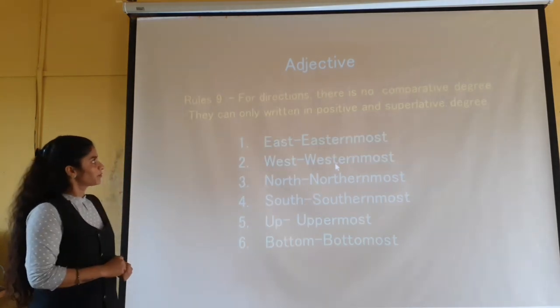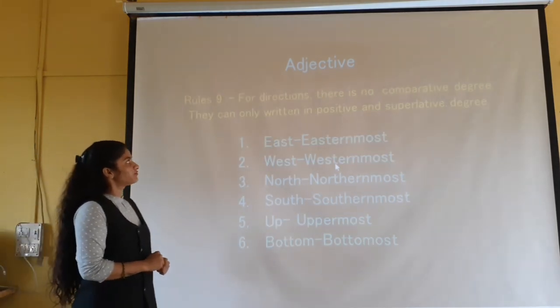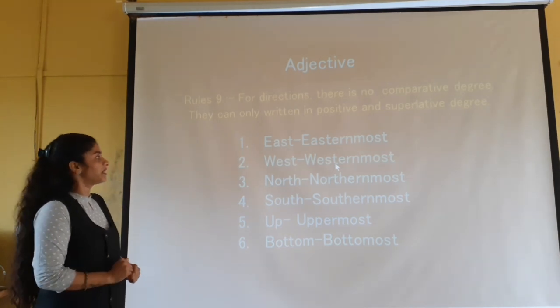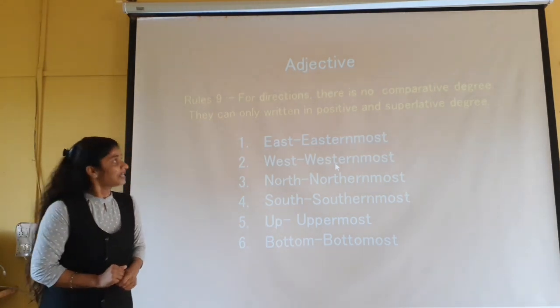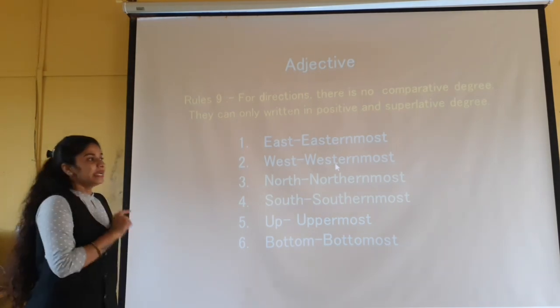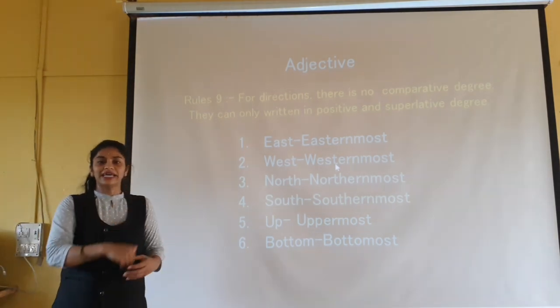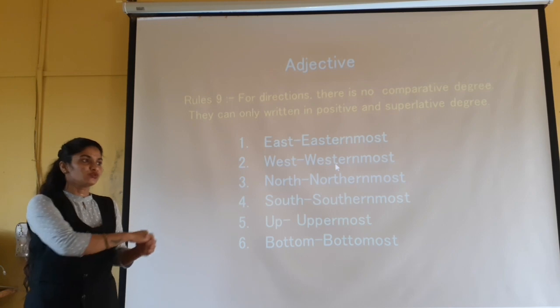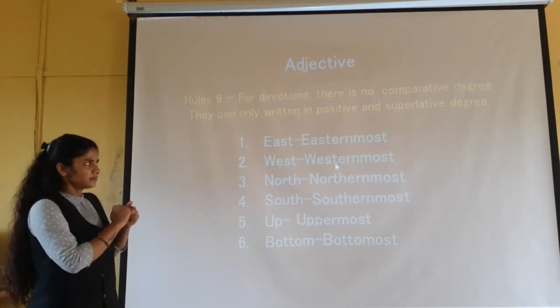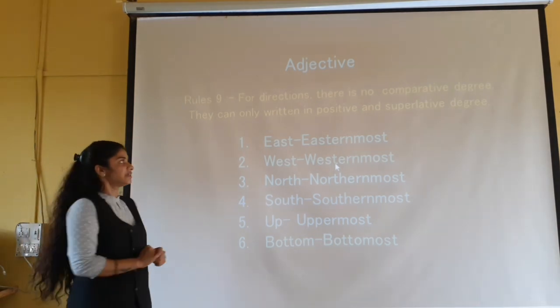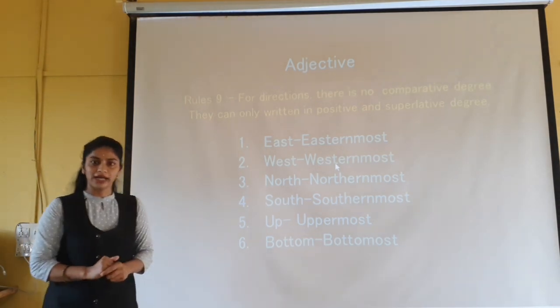Let's go further. Now here rule number 9 is for directions: there are no comparative degrees. They can only be written in the positive and superlative degree. If we are giving directions, or telling somebody to go from here to there, at that time we are not going to tell them in a comparative degree. Instead, we are going to use positive and superlative degree.